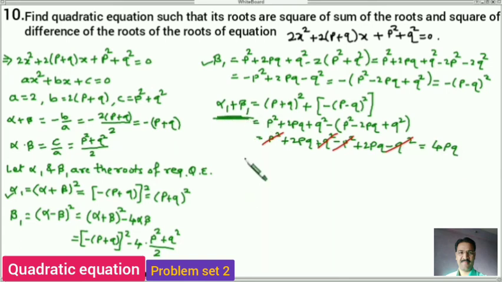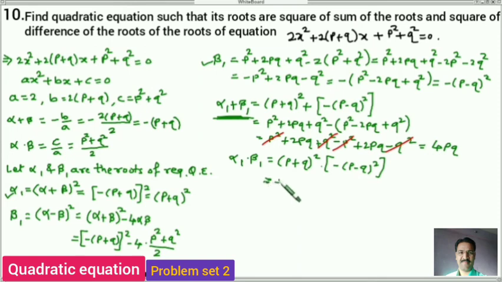Now similarly, we'll find alpha 1 into beta 1. What is alpha 1? That is P plus Q bracket square into what about beta 1? That is minus P minus Q square. This is beta 1. Now just see here, I'll write this minus sign before this one.